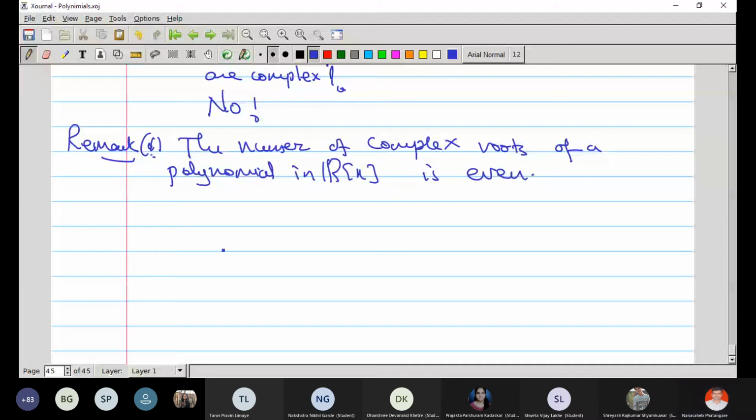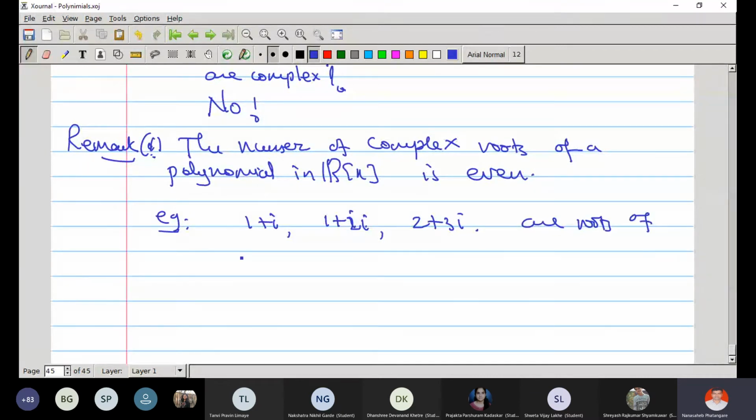For example, suppose 1 plus i is a root, 1 plus 2i is a root and 2 plus 3i is a root of f(x). Then by the previous theorem, 1 minus i, 1 minus 2i and 2 minus 3i are also roots.